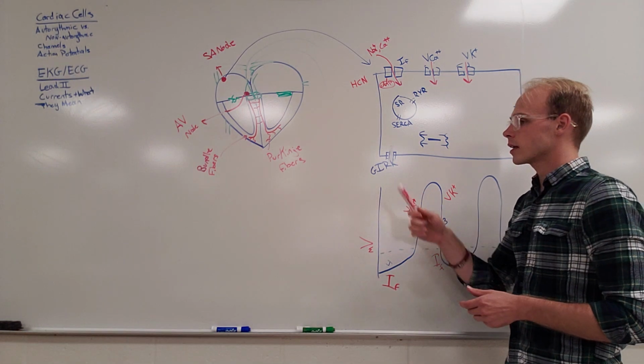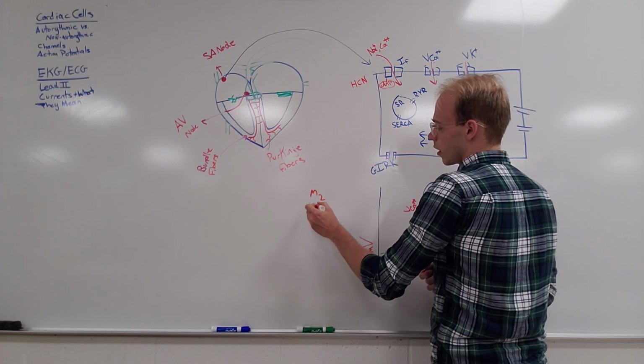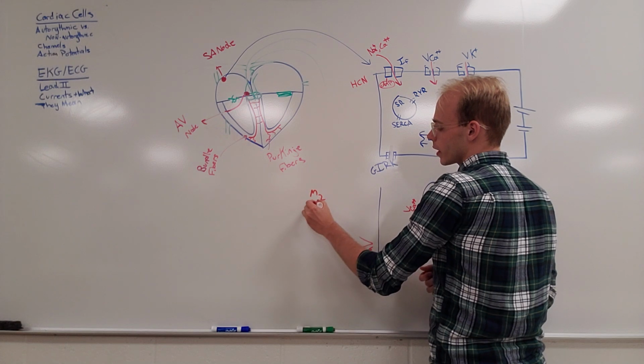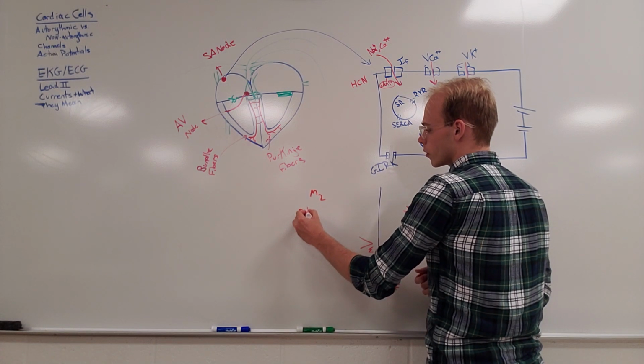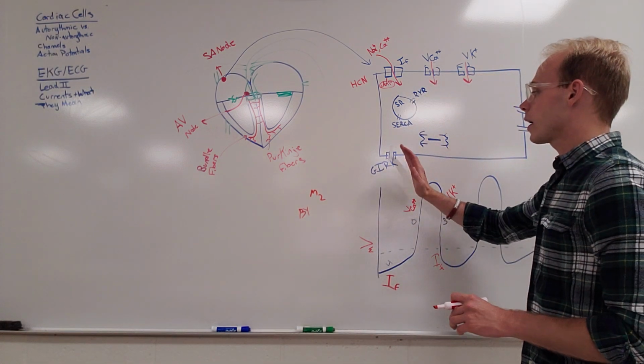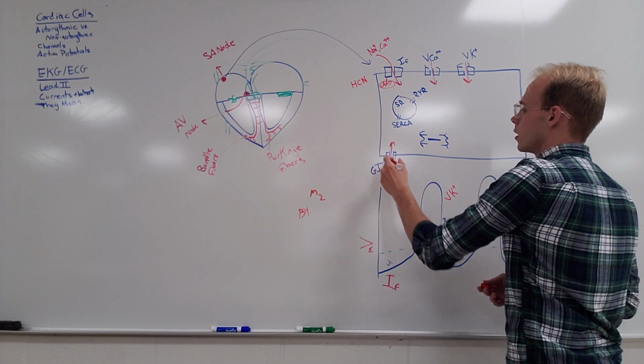So you've got the M2 channel, and when acetylcholine binds to it, the beta gamma subunit will come over and bind to the GIRK channel, and it will allow potassium to rush in.